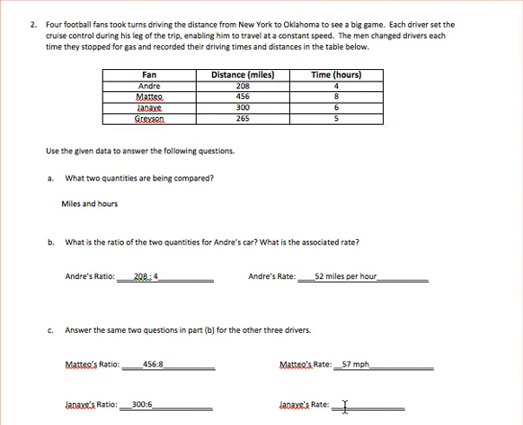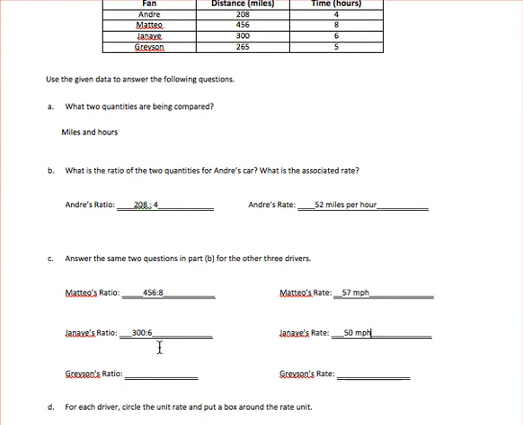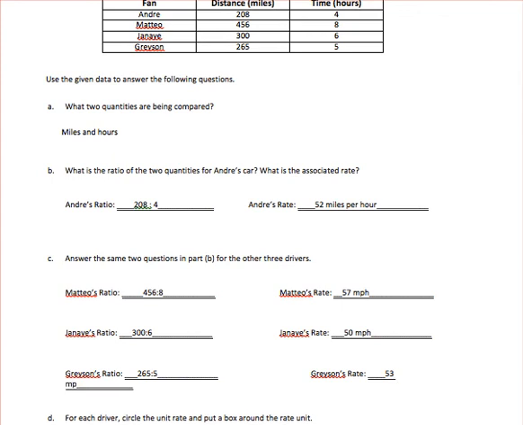And when we divide those numbers, we get 50 miles per hour. And finally, Grayson's ratio is 265 to 5. And when we divide those numbers, we get a rate of 53 miles per hour.